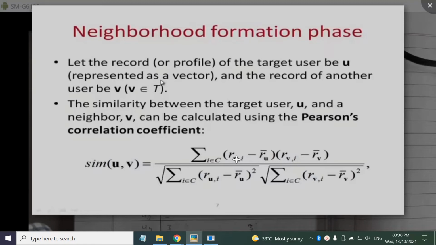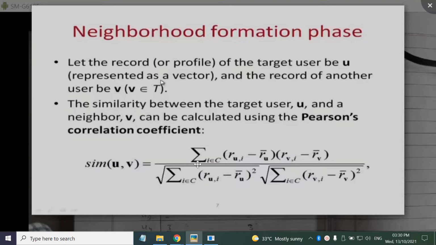Rating for item i given by u, and this is the average rating given by that user u. Similarly, this is rating for item i given by v minus the average rating given by v.